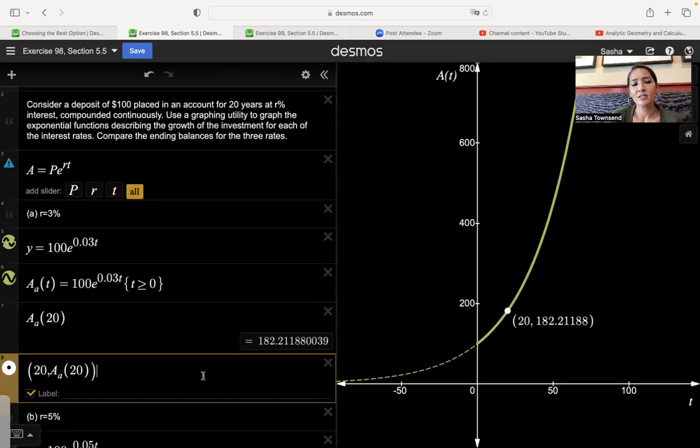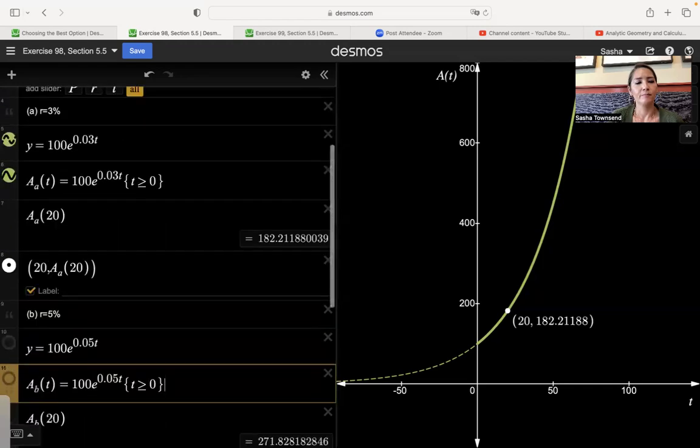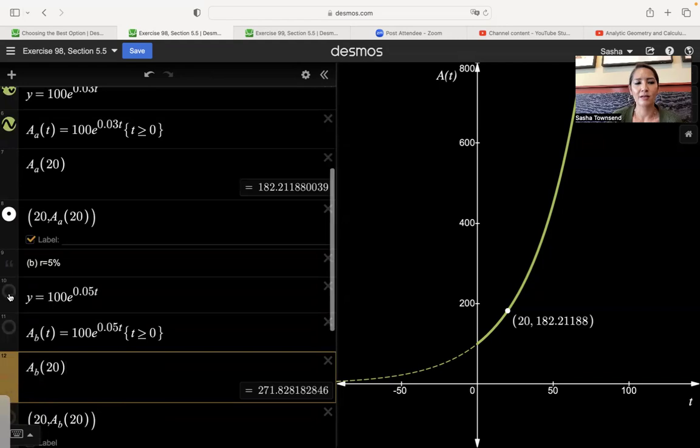Now we can compare that to what we would get at 5% interest. Basically, we do the same thing. We change the R value from 0.03 to 0.05. If we are just looking at the exponential function, it's this orange dotted line. We're only interested in the part where t is greater than or equal to 0.